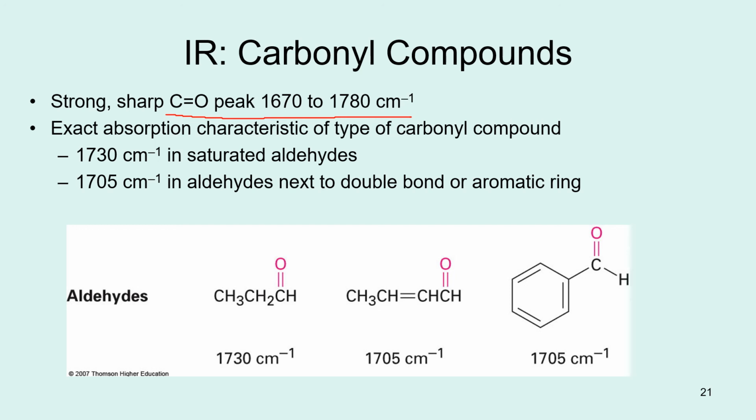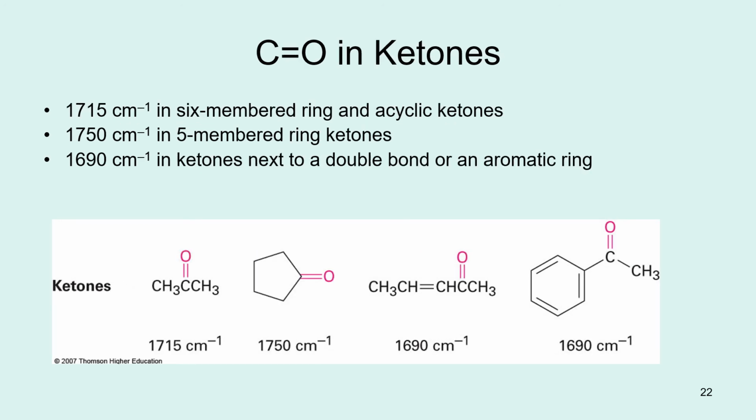So you can see here an aldehyde versus here's an aldehyde with a double bond, so that changes that a little bit. Here's an aldehyde, but next to an arene, so it's going to be a little bit different. But you'll see on the next slide, I think, what it looks like. Nope, not on the next slide, on the next one.